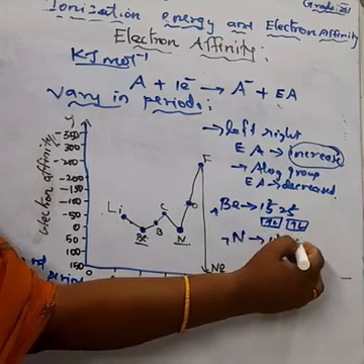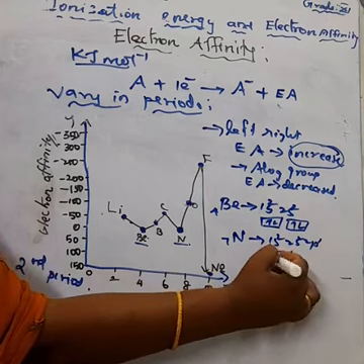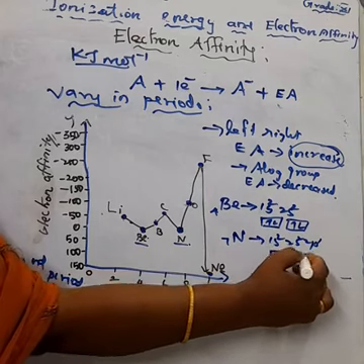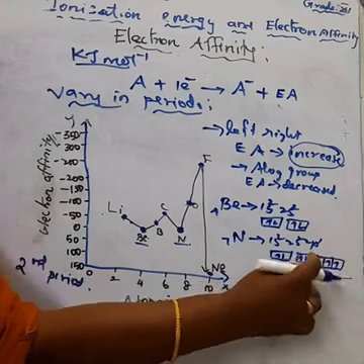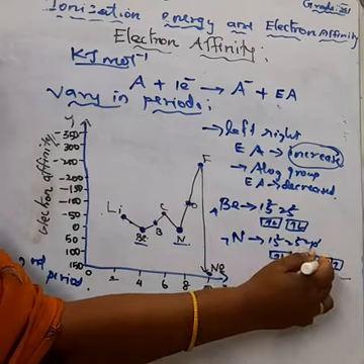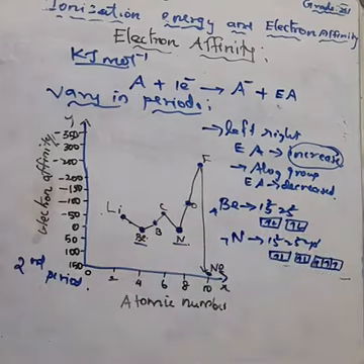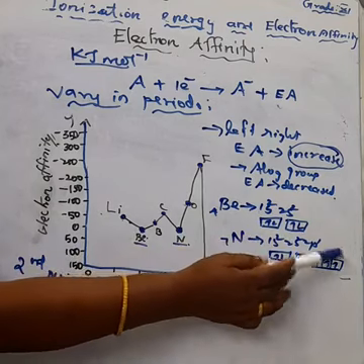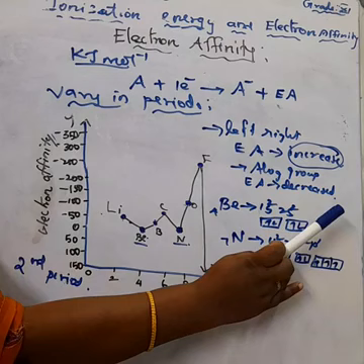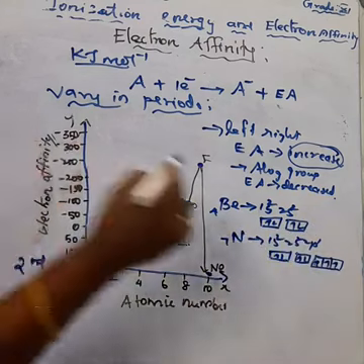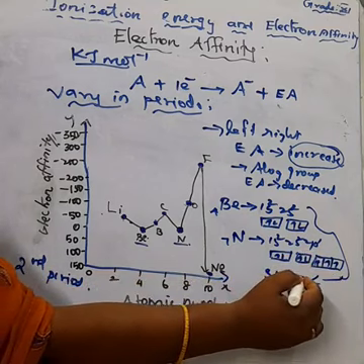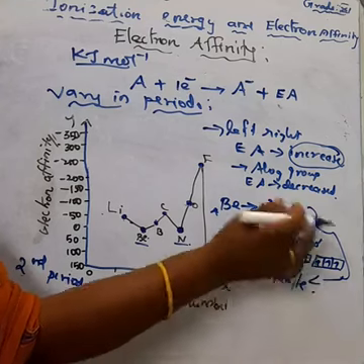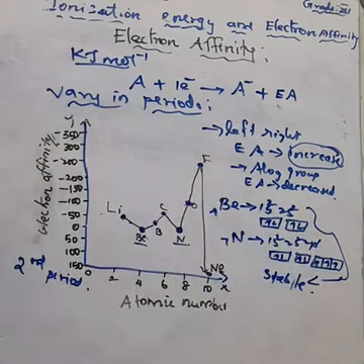Already we saw that beryllium and nitrogen are stable, because beryllium has completely filled atomic orbitals and nitrogen has half filled atomic orbitals. So for these two elements, it is difficult to remove electrons and difficult to add electrons, because it is stable now. The addition of an extra electron will disturb their stable electronic configuration, and they have almost zero electron affinity.